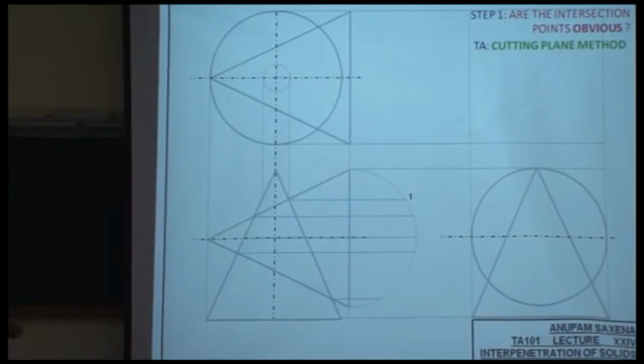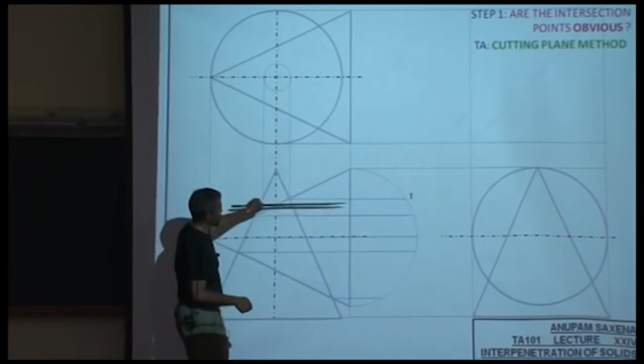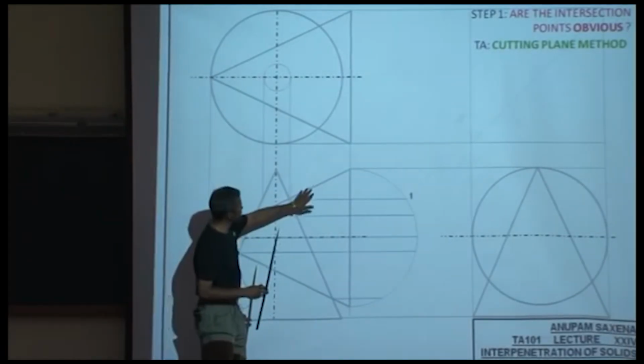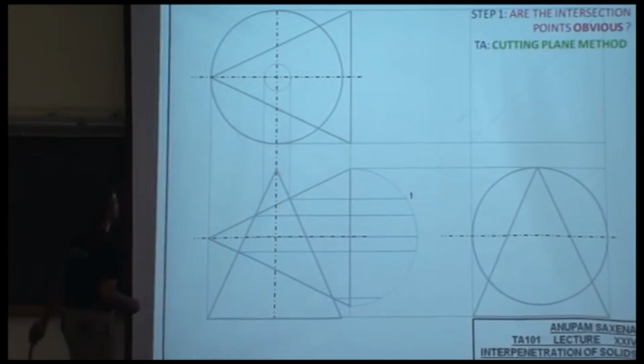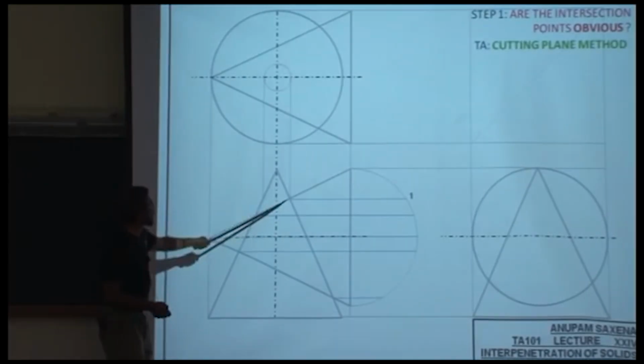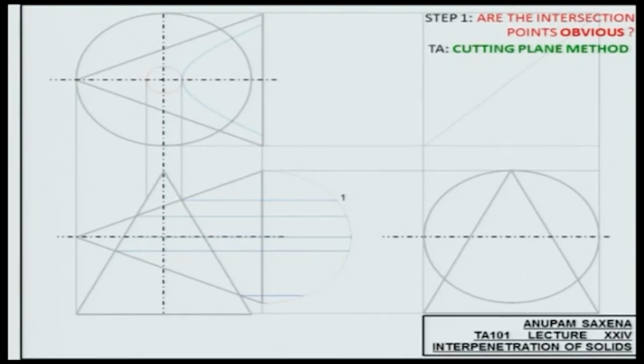And this plane, when cutting this cone, will give me a hyperbola. The vertex of the hyperbola is going to be lying over here. So essentially, I'll be expecting a single point of intersection. There. And there. Okay?